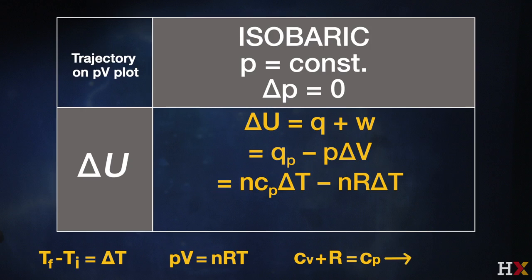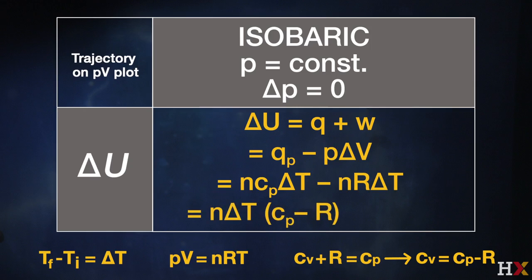Well, that means that C sub V is equal to C sub P minus R, and that's exactly what I have in my expression for delta U under constant pressure conditions. So if I write this now as n delta T times C sub P minus R, that's equal to n C sub V delta T.